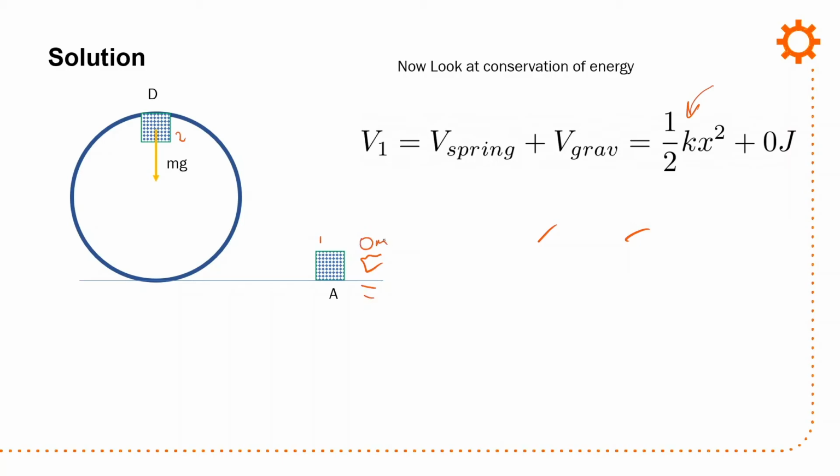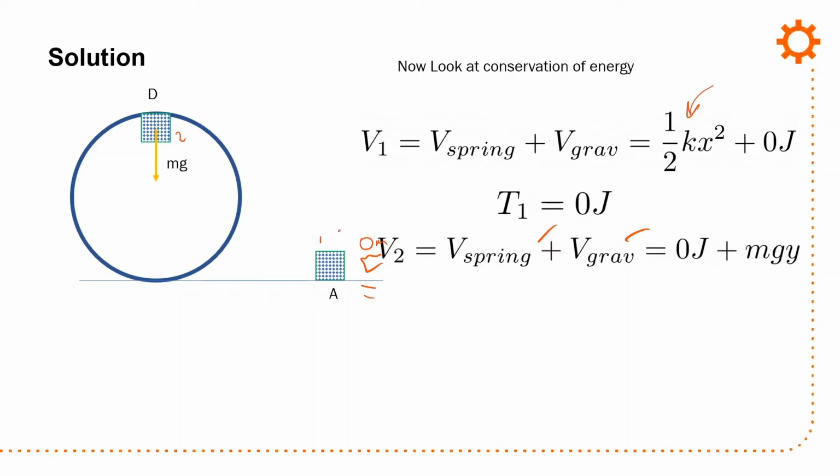That's the 0 height. I have T1, which is equal to 0 joules, because it starts from rest. And then I have the spring potential plus the gravitational potential. But now spring potential goes to 0 because the spring is fully extended and it's returned to its uncompressed state.